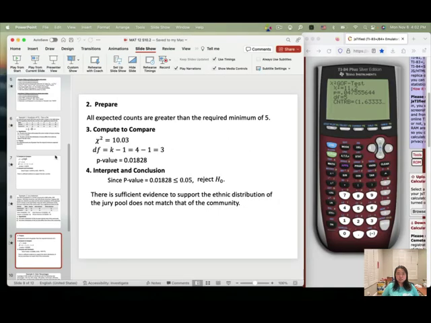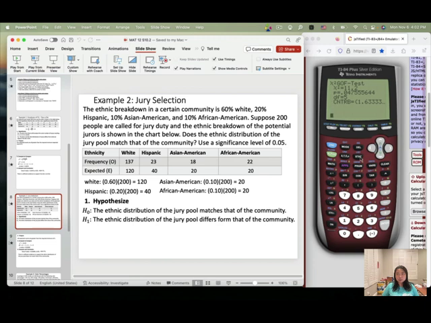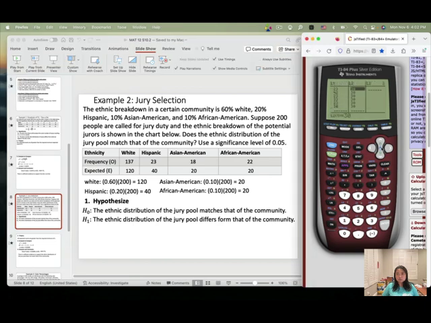Okay. Double check, use your calculator. One more time, on L1 you're going to plug in the observed frequency. Expected frequency will be on your L2.